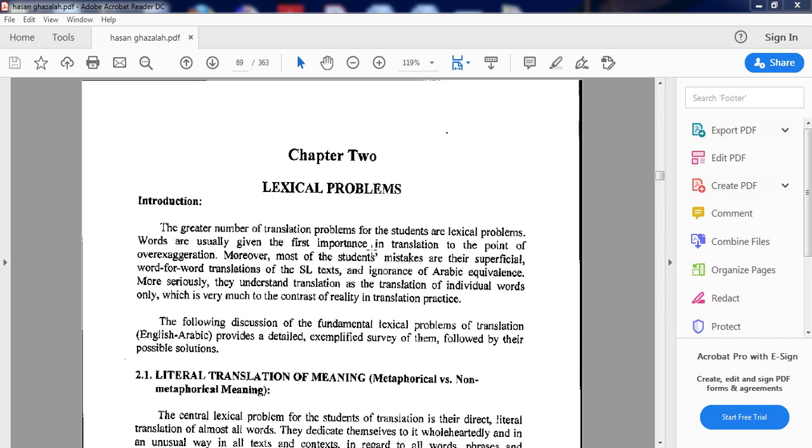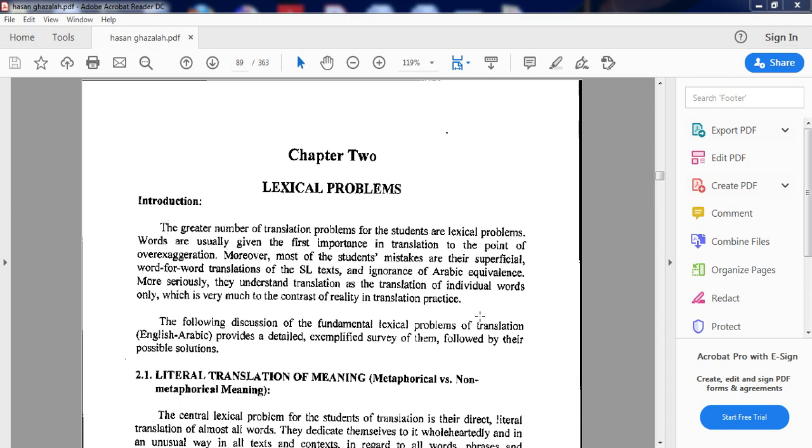And as you remember, we finished chapter 1, and today, inshallah, we'll have an introduction to chapter 2, that is lexical problems.